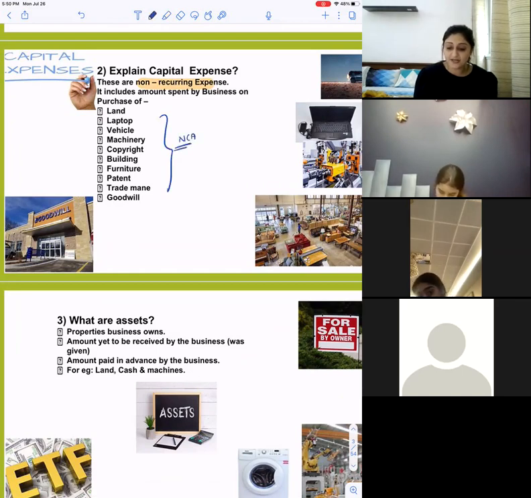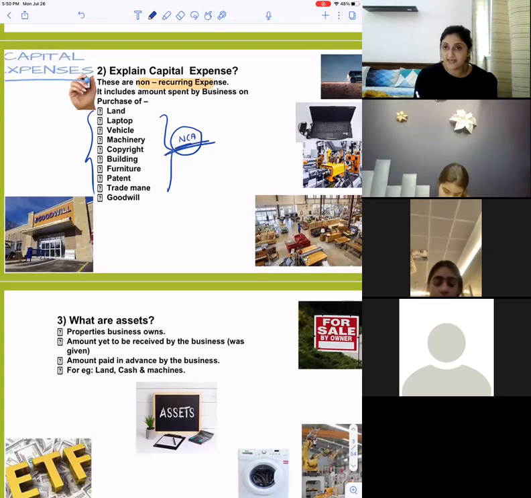These are examples of your non-current assets. Can somebody explain to me the meaning of non-current assets? Non-current assets last for more than a year.